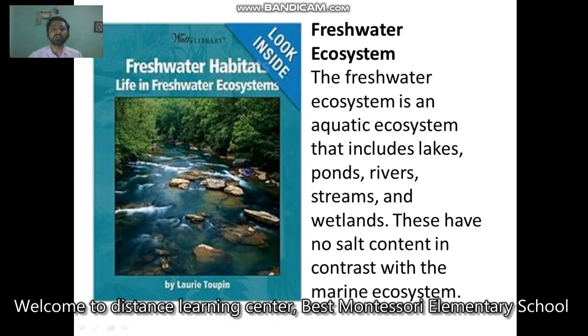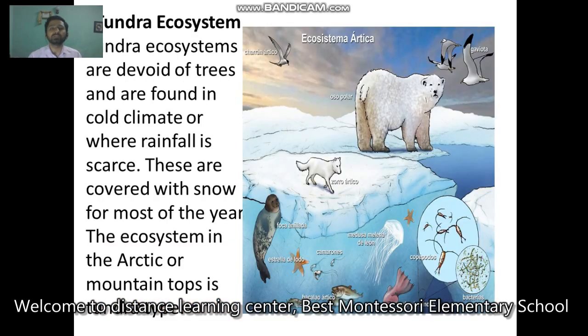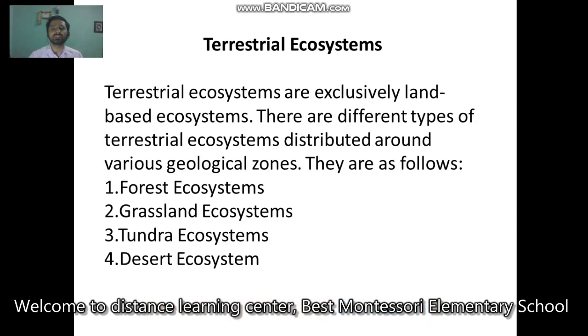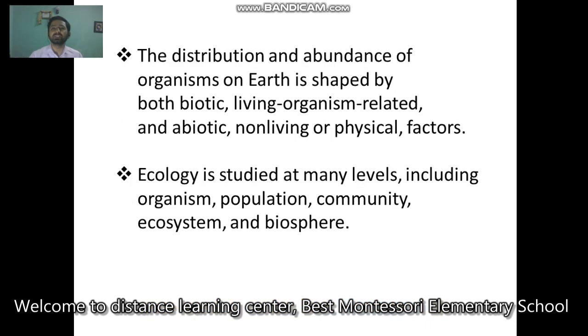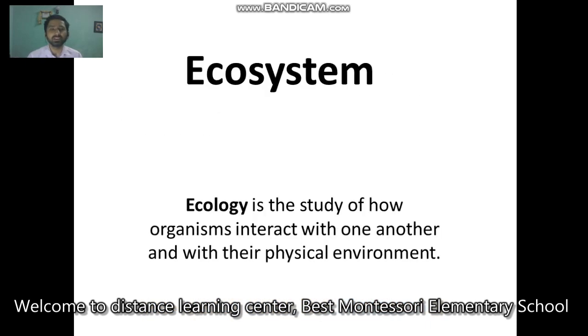Now today we studied the different types of ecosystem. First the concept of environment science, that means the relationship between the living organisms and their non-living environment. And under this, first, ecology deals with how the living organisms interact.